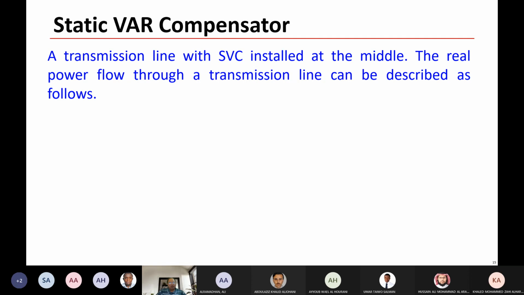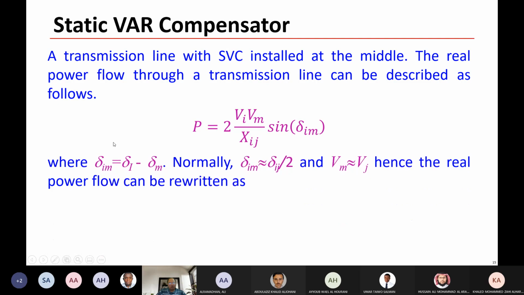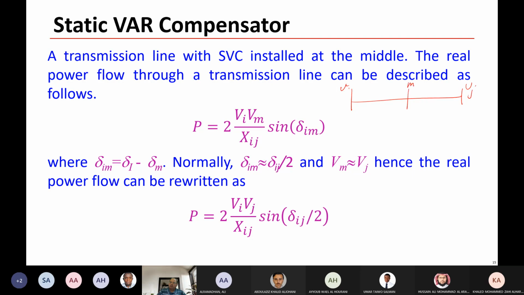So a transmission line with SVC installed at the middle, the real power flow through a transmission line can be described as such. If you have here VI and VJ, and here a middle line or midpoint of the line, we have VM here.